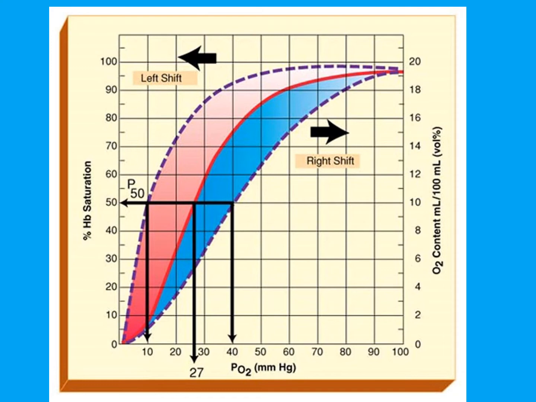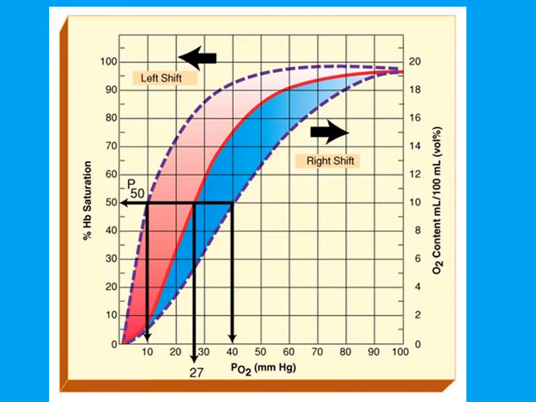Then your hemoglobin's going to change shape and dump off that oxygen. It does that so it can change shape and pick up CO2. So it does that on purpose, not only to dump off oxygen, but also to pick up CO2. So your body naturally moves from a left shift to a right shift depending on where it is.